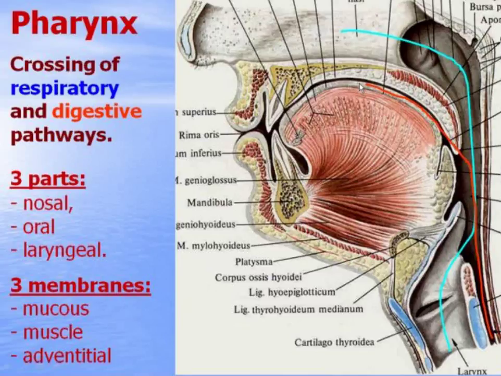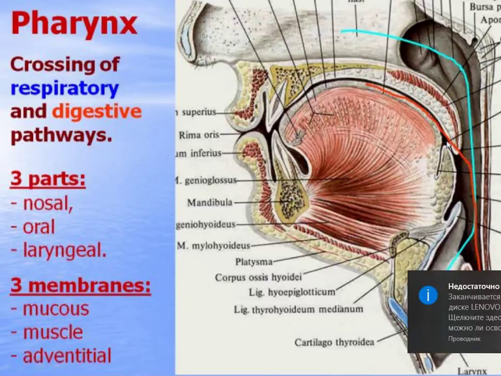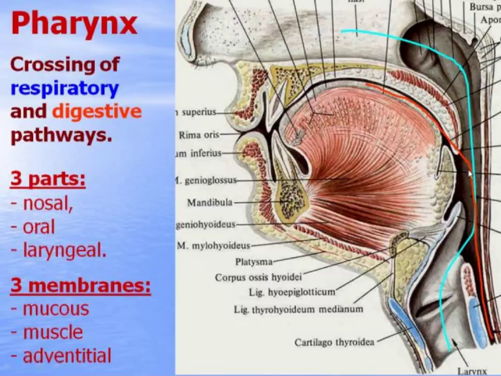And food from the oral cavity after swallowing enters the oral part and then the esophagus. Oral and laryngeal parts are lined by stratified squamous non-keratinized epithelium.